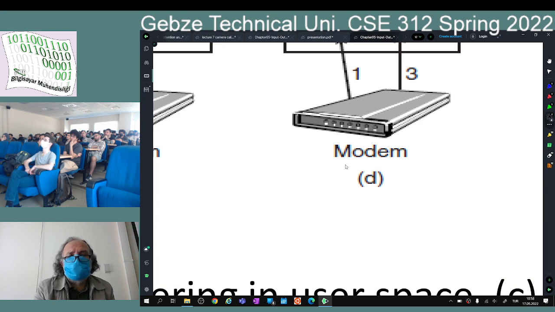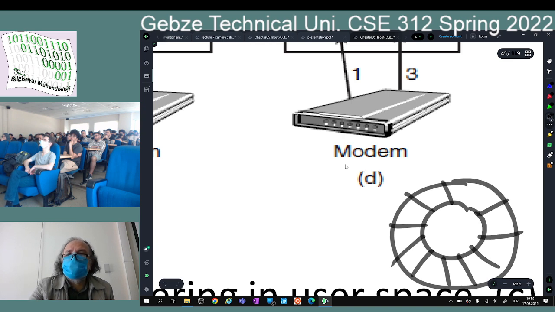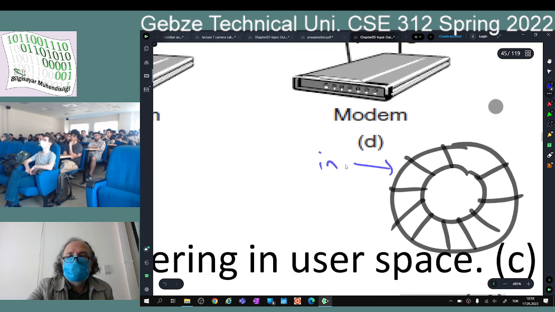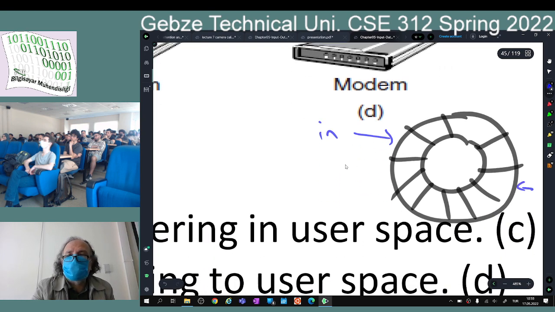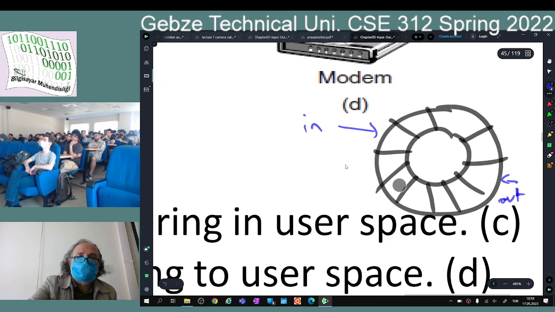Remember what the circular buffer is? Something like this. Like the circle, like the clock algorithm, right? So I put my data in here. With the circular buffer, you have the in part and you have the out part, right? Whatever is going in will be put in here, then there, then there.